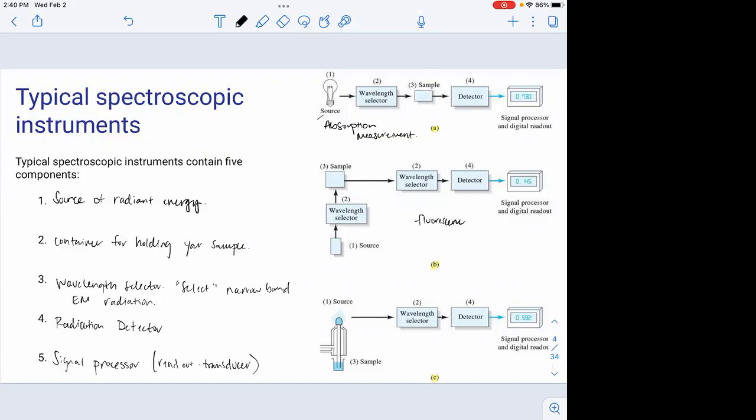The fluorescence measurement in part B is intentionally at a right angle to the source of light. So let's go through it. We've got a source of light here. We have a wavelength selector here to select monochromatic light from polychromatic light, if that isn't necessary.